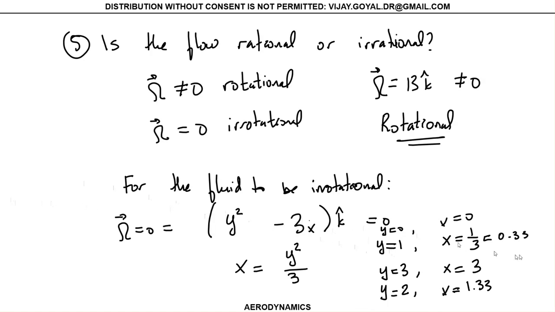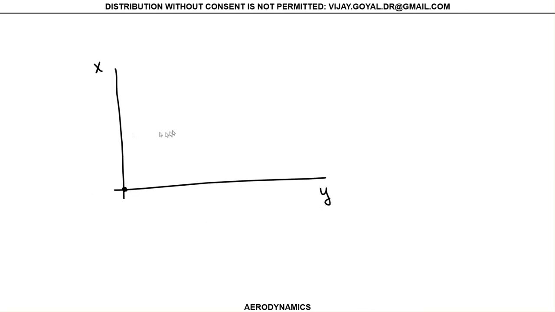So if I'm going to plot this, let's do a plot putting x here and y here. If I put this 0, this is 0. If I put y equal to 1, this is 0.33. So let's put 1, 2, 3, 1, 2, 3. If I put 1, my point is right here.